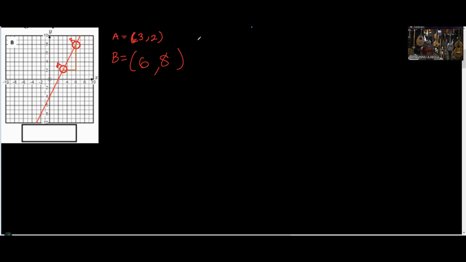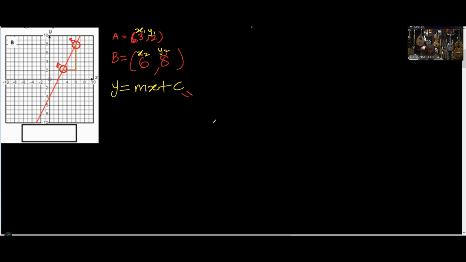Now, this is my x1, y1, okay? And this is my x2, y2. Let me find, what's the equation of a straight line again? Y equals mx plus c. Don't forget it. What is C? Where did the graph intersect the y-axis?